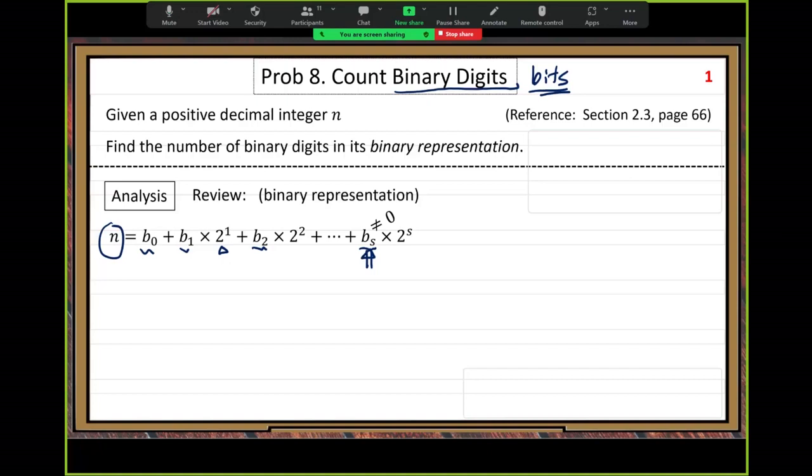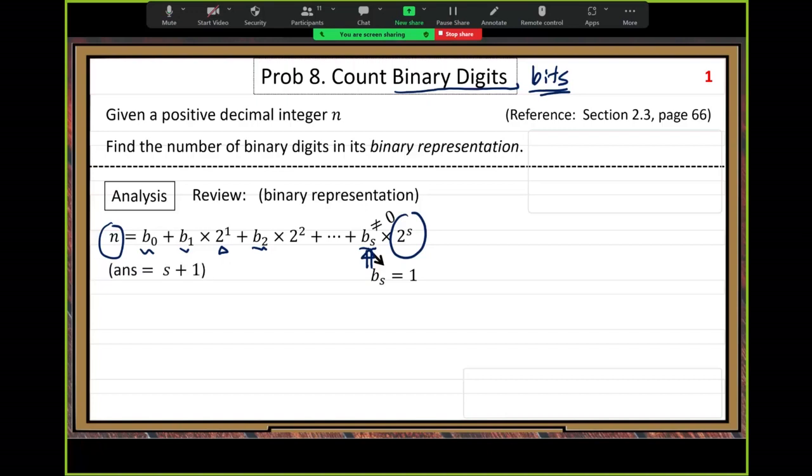We want to find the first non-zero bit corresponding to the power of 2 term. All right, so here we assume b sub s equals 1.